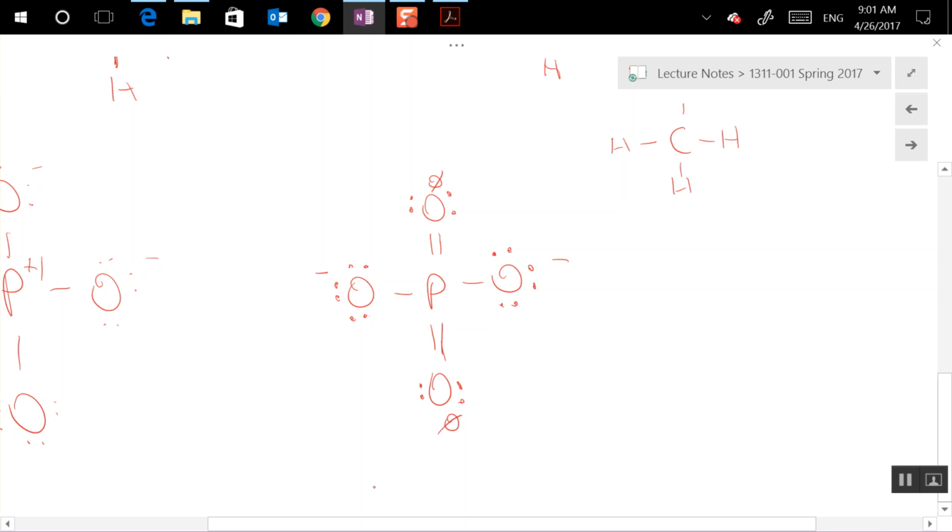And then the central phosphorus, which should have 5 valence electrons, 4, 3, 2, 1, 0, negative 1, has a negative 1 charge. So I have 3 negative charges there. That's negative 3 phosphate. Okay? So you need to make sure that the formal charges equal the overall charge of your molecule. You have to equal the overall charge.